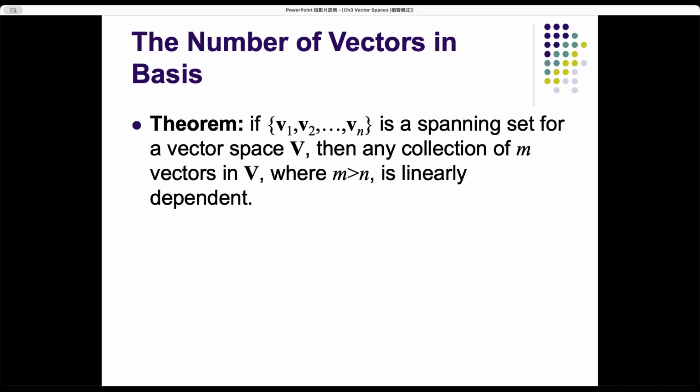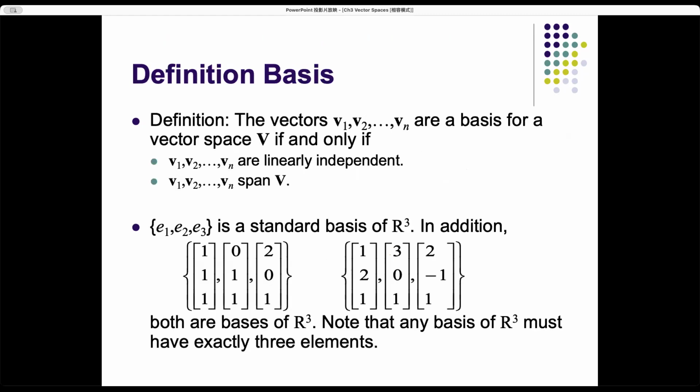So we finished some examples of bases. Oh, and by the way, I forgot to mention, for R3 we talked about three different bases here, right? It's an interesting observation that all these three bases have three vectors.